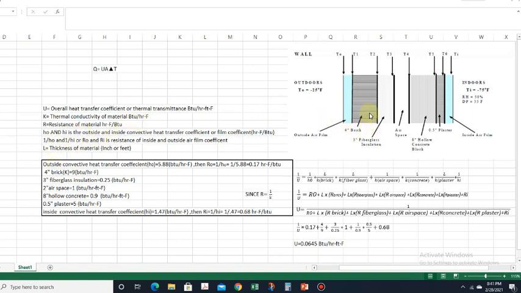And here we have the 4-inch brick wall, then we have 3-inch fiberglass insulation, then we have a space in between these two, then we have 8-inch hollow concrete block, 0.5-inch plaster, and inside air film. So each material has the thermal conductivity and resistance property.